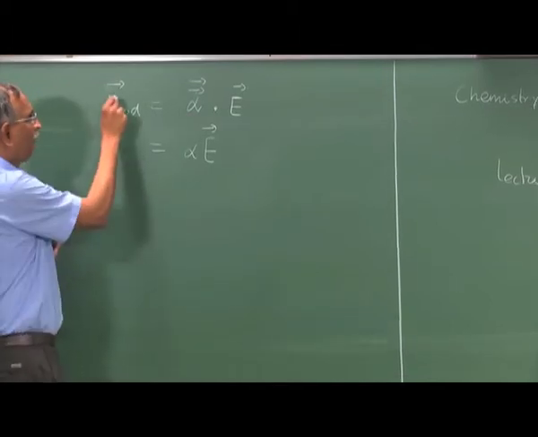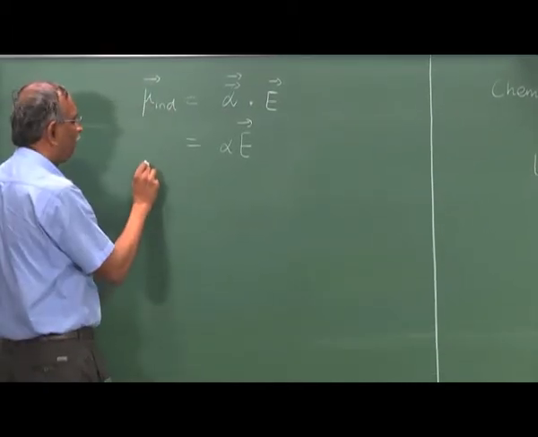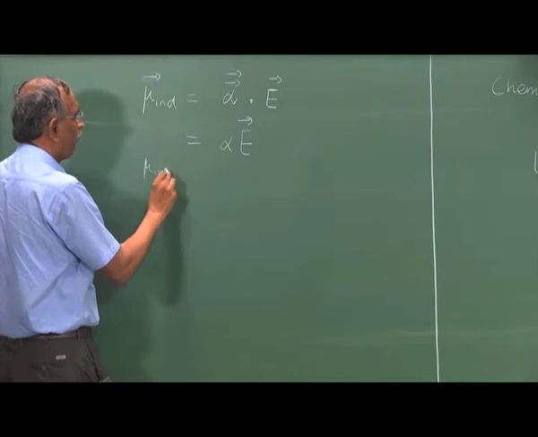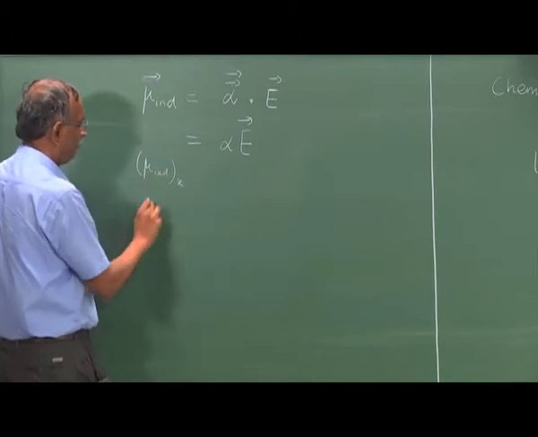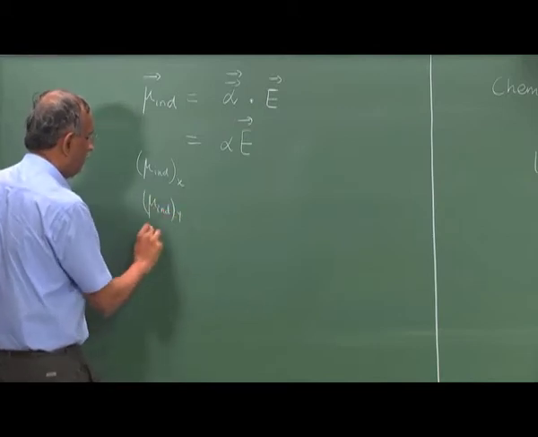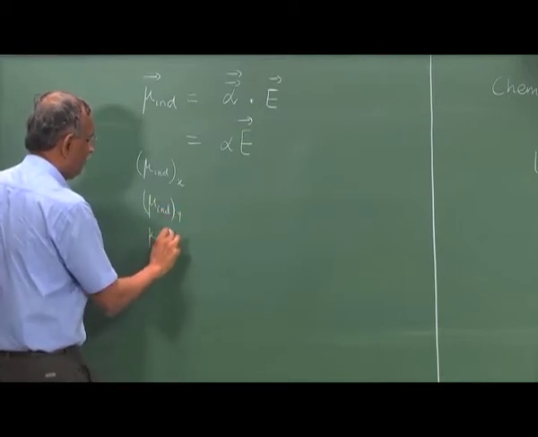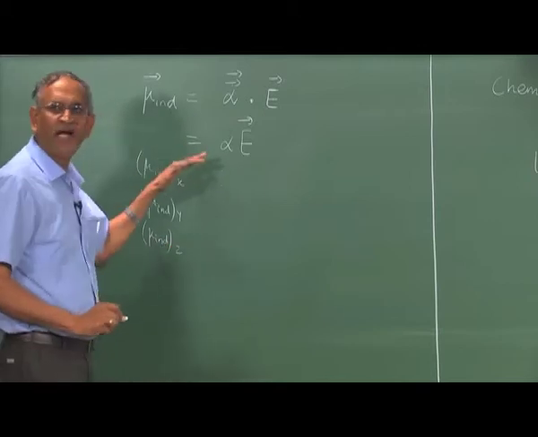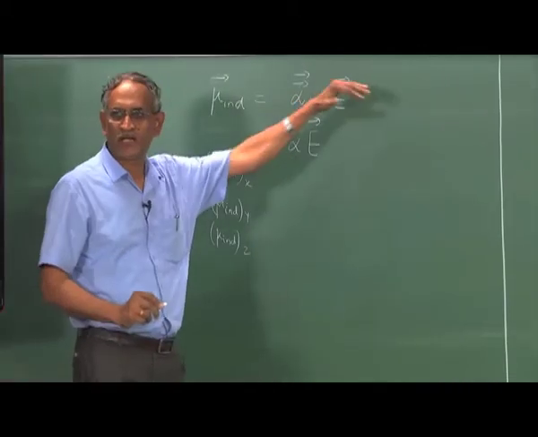Exactly how do we write? This is a vector, therefore you have three components: mu induced X, then mu induced Y, and mu induced Z in the axis system, which defines also the electric field.